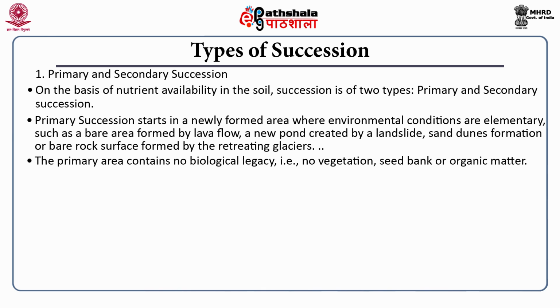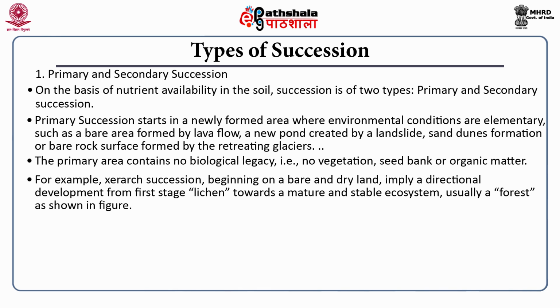The primary area contains no biological legacy, meaning there is no vegetation, seed bank or organic matter. For example, xeric succession beginning on bare and dry land implies a directional development from the first stage of lichens toward a mature and stable ecosystem, usually a forest, and the same thing is shown here in this figure.